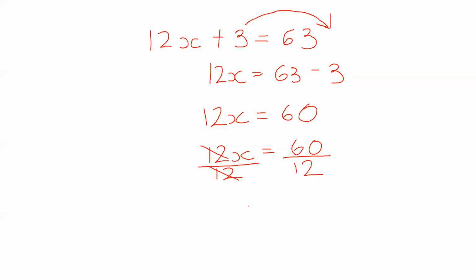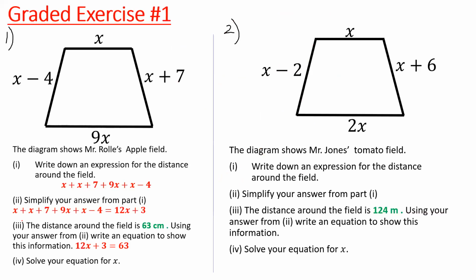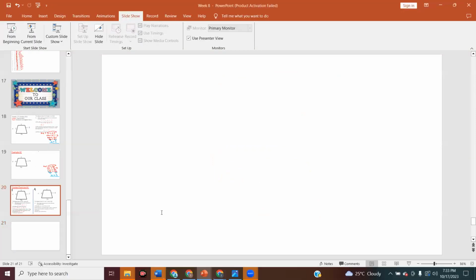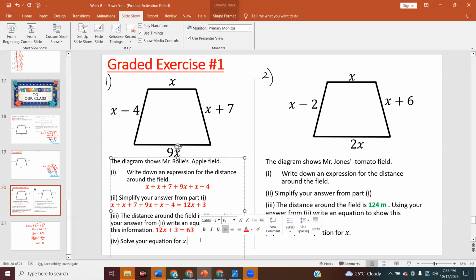So x is going to be equal to what? What is 60 divided by 12? 5. Very good. So the answer is that x is equal to 5.